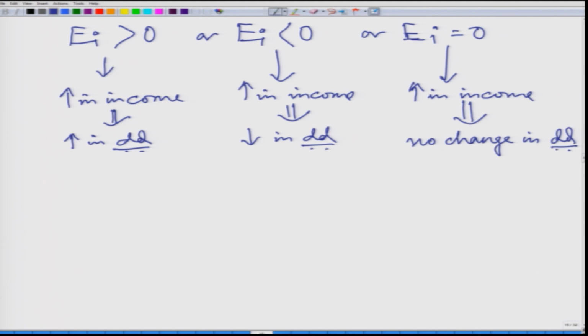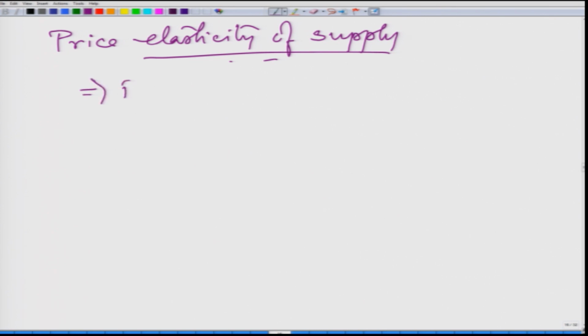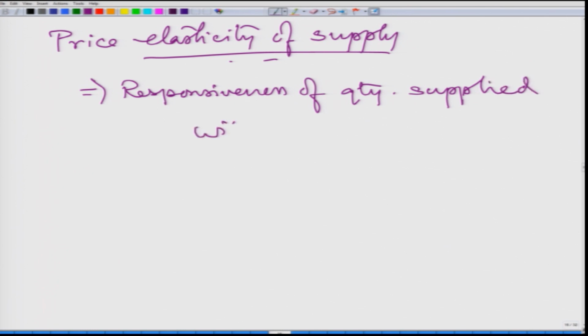Now, price elasticity of supply. It's the same thing when we talk about the price elasticity of supply. This is the responsiveness of quantity supplied to the change in price. So price elasticity of supply is the responsiveness of quantity supplied with the change in price, or with the rise in price.